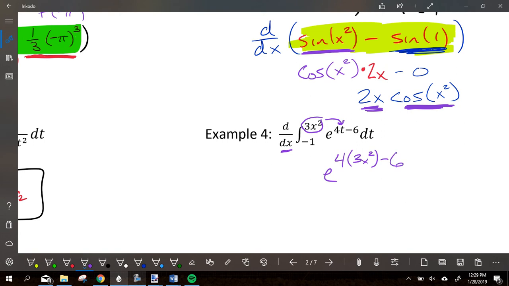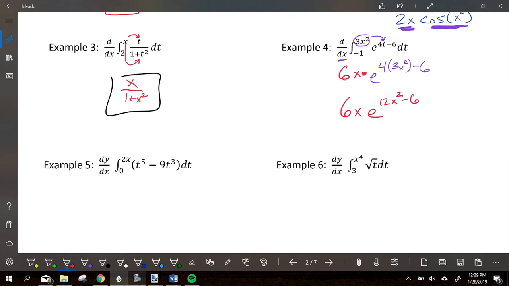I plugged in my upper bound. What else do I need to do? Multiply that by the derivative of what I plugged in. Since I plugged in 3x squared, I'm going to multiply by 6x. And so my answer is 6x e to the 12x squared minus 6. I just multiplied 4 times 3. Questions on how we did those?